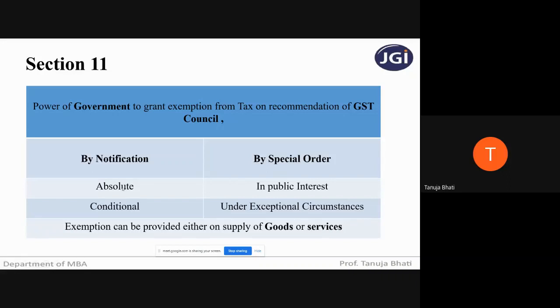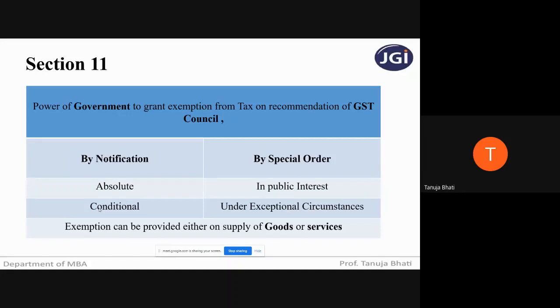What is the difference between absolute and conditional? An example for conditional is government has given exemptions to hotels. It has given an exemption to guest houses. It has given exemption to clubs which are providing lodging facilities and which have a declared tariff, that is declared charges, which is less than 1,000 per day.